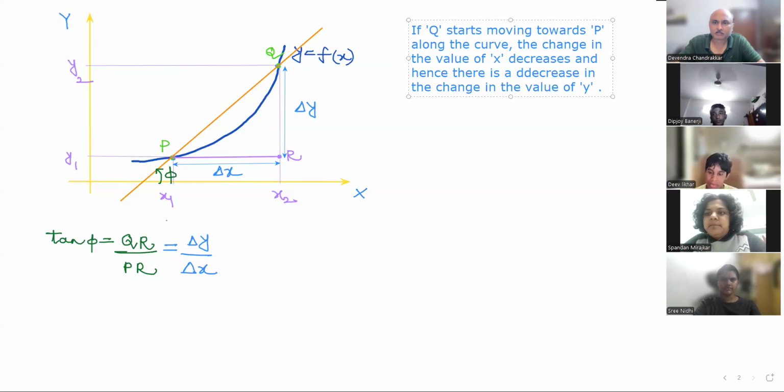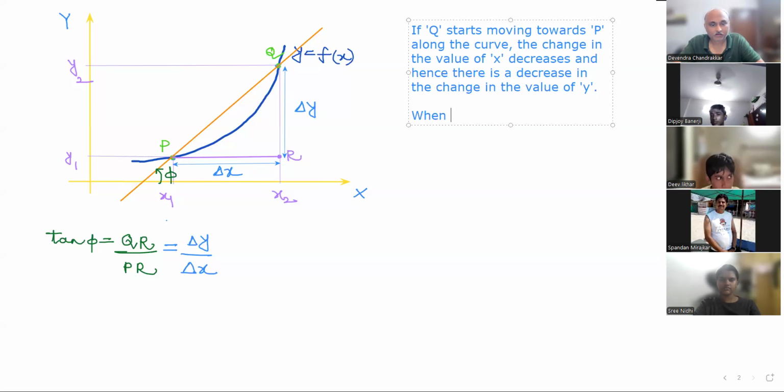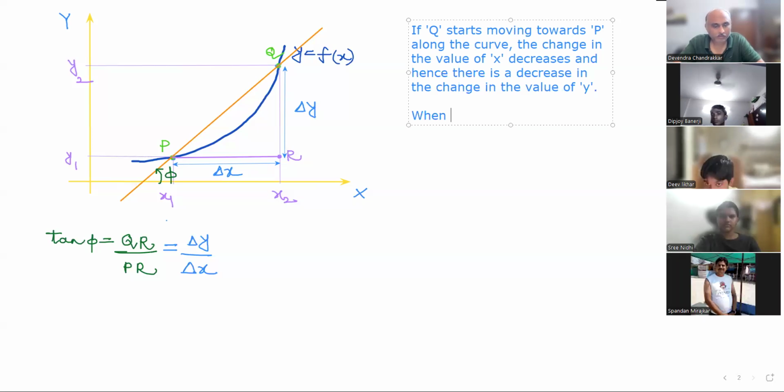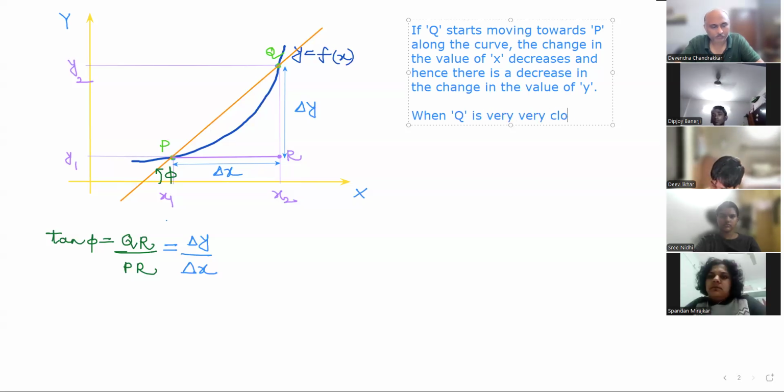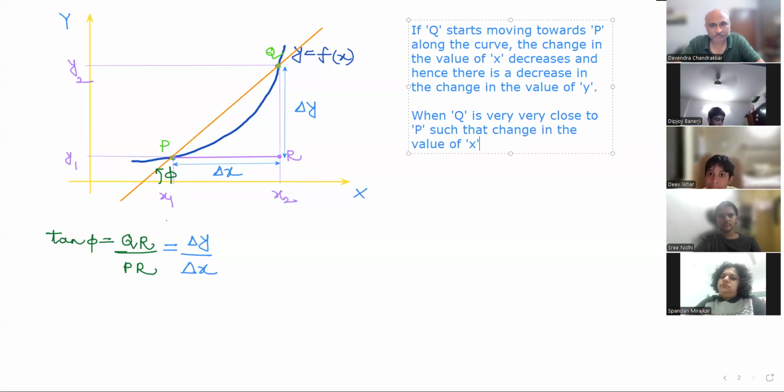There is a decrease in the change in the value of Y. When Q is very, very close to P, such that change in the value of X is almost zero.